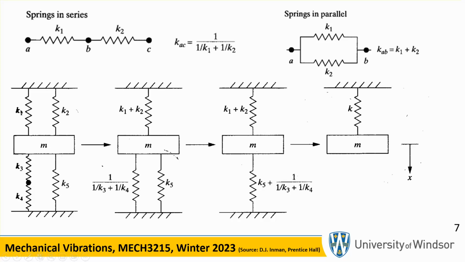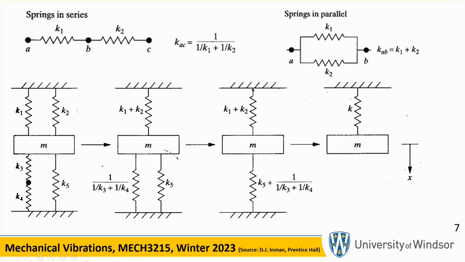So if you just add up the stiffnesses, when you look at k3 and k4, they are in series, so we can find the effective stiffness through the formula that we just wrote up here on the top left corner. And now these two bottom ones are in parallel, so you add them up. And finally, these two springs are in fact parallel, in spite of the fact they look like that, so you add them up. They're parallel because they go from the mass to the same point and they're aligned in the same direction.